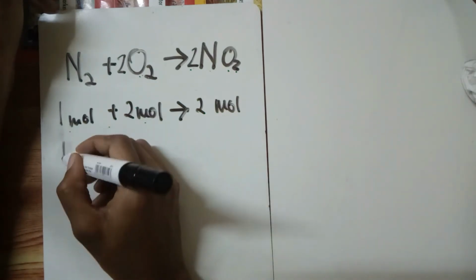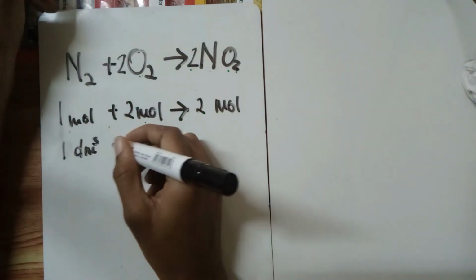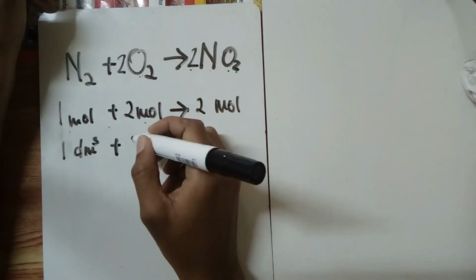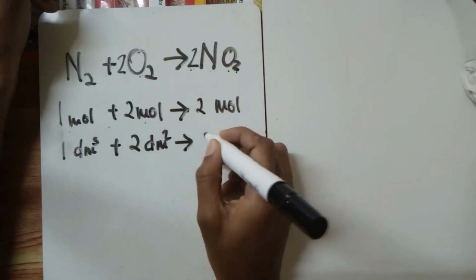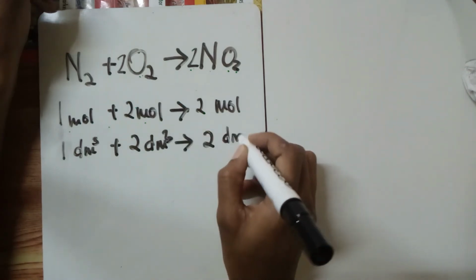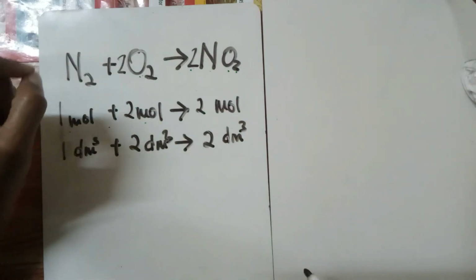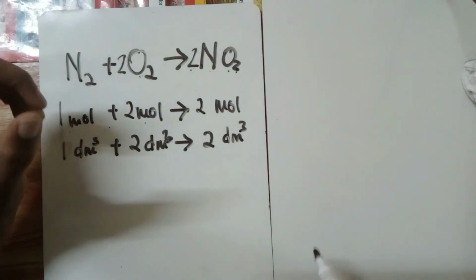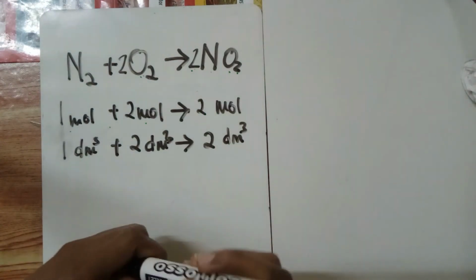It will also be 1 dm³, or cubic decimeter, which will react with 2 cubic decimeters, and then this side will have 2 cubic decimeters, right? That is what is meant when we say that at standard temperature and pressure, the gas volumes will react in the same ratio as the molar ratio.